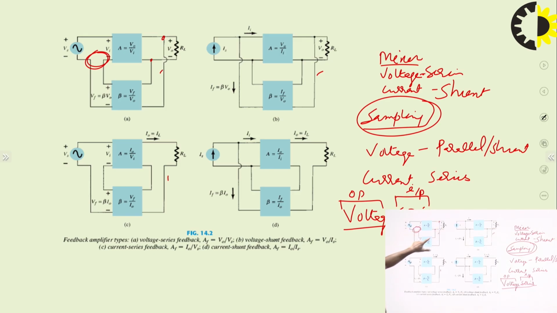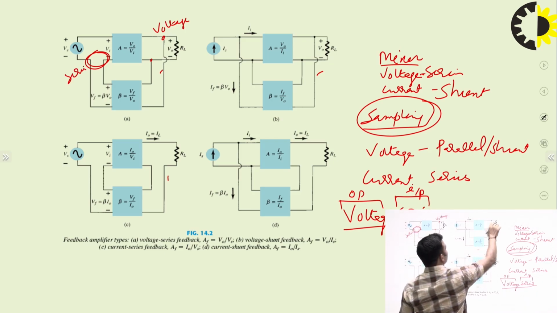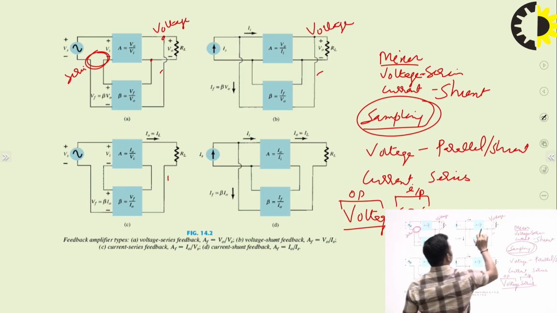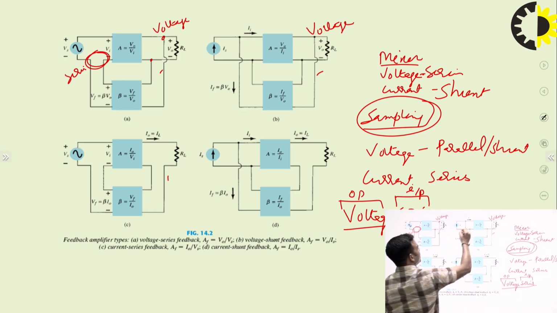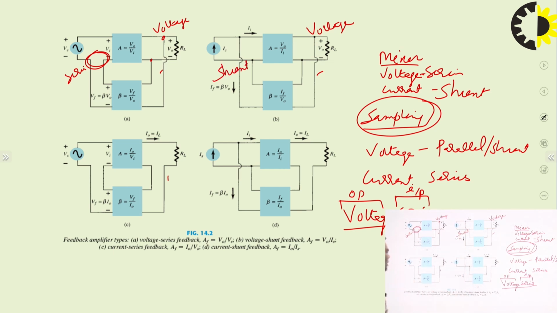So, it is a voltage series amplifier. Here the output side is voltage, and towards the input side, mixing is in shunt. So, its name will be voltage shunt feedback amplifier.